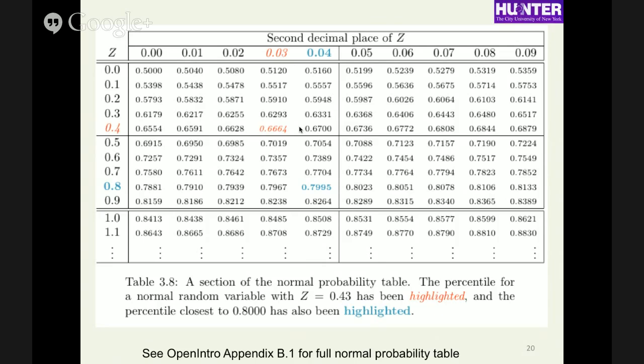And just to note, you can also look things up in the other direction. If you had been asked what score corresponds to the 66.6 percentile, you would find 0.666 on here.